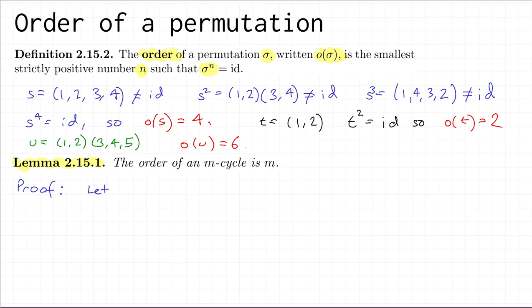So let's have some notation. We're going to let A be equal to A0, A1, up to AM minus 1. So an M cycle like this.